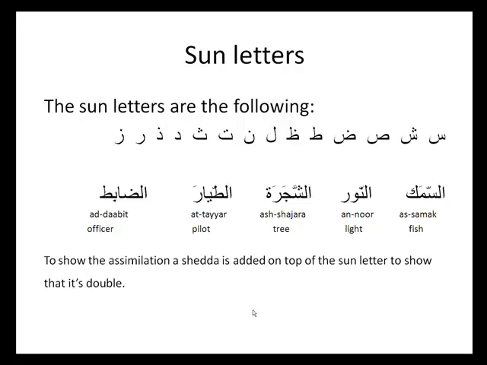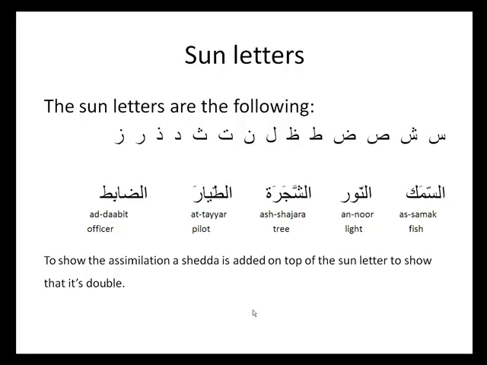It doesn't happen. What happens is that the L disappears. So what you say is as-samak, as-samak. And when you say that without the L, it's much easier. Try. Al-samak, as-samak. Much easier. And because of that, there is this rule in Arabic that half the letters are sun letters, half are moon letters.